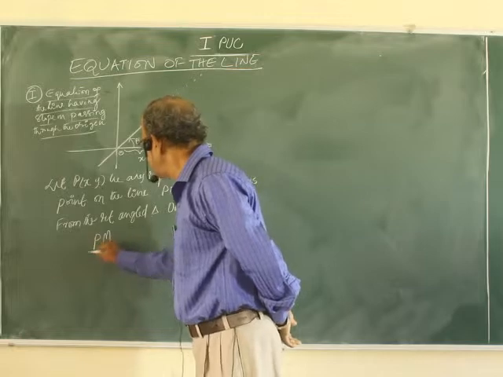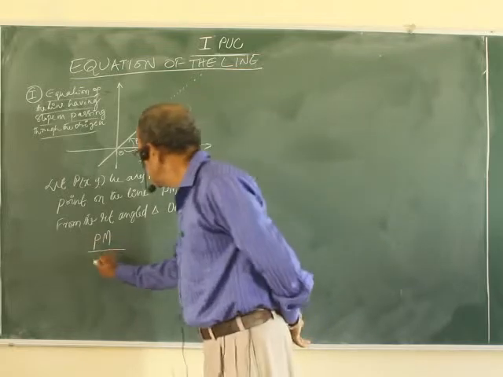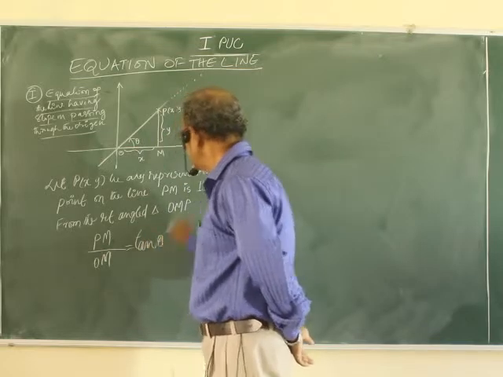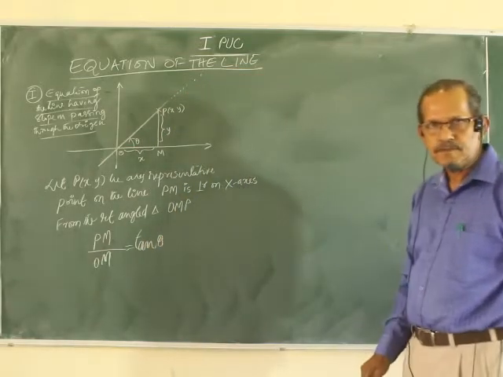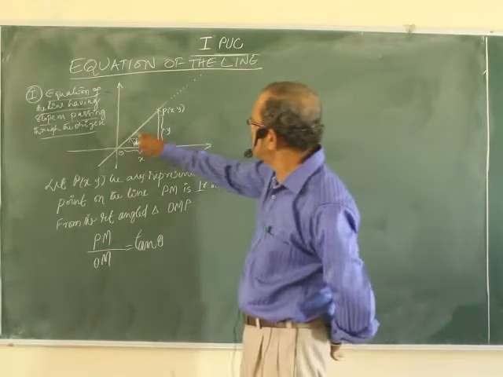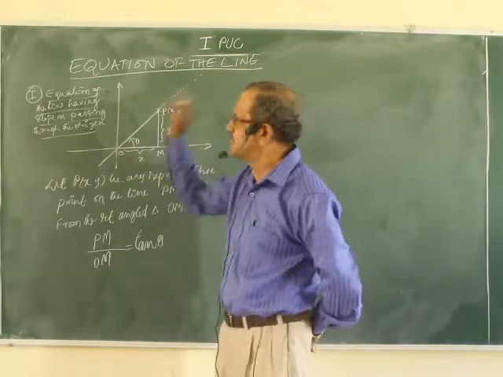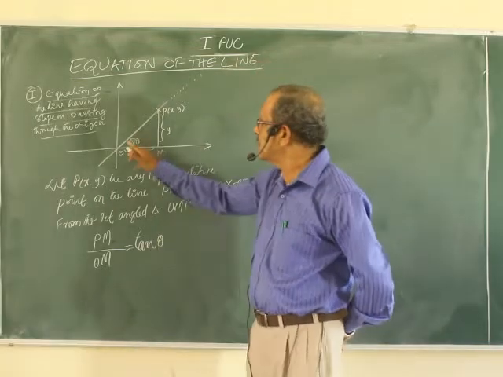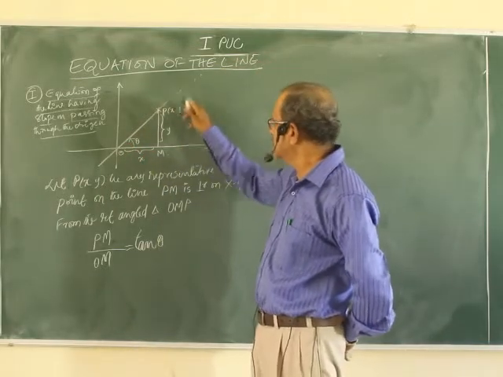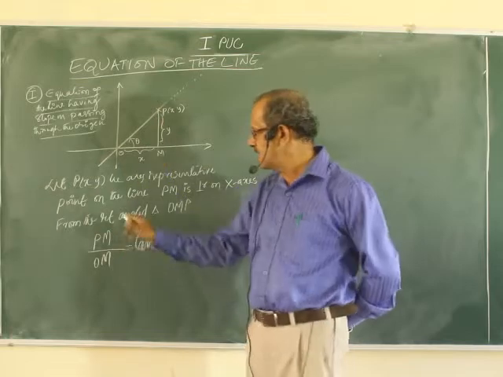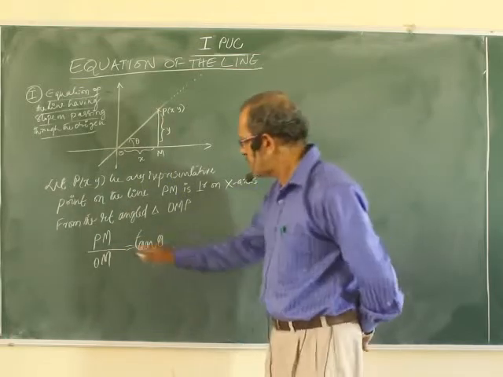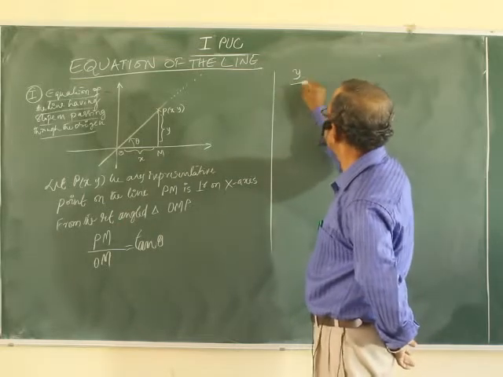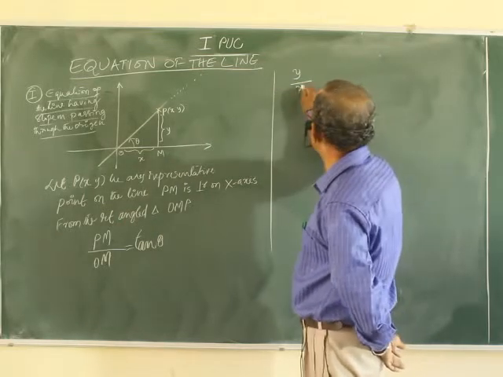opposite side PM divided by OM is tan theta, correct, no? Whichever point you take, opposite side by adjacent will be tan theta, the same constant. But PM is y coordinate, OM is x coordinate.